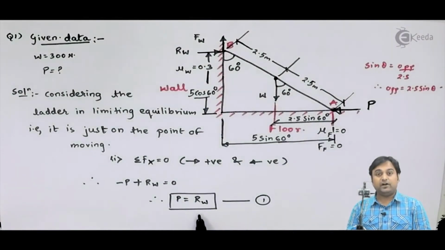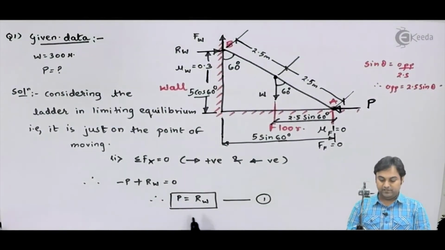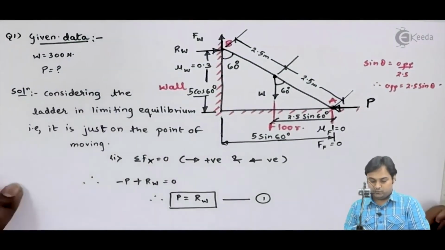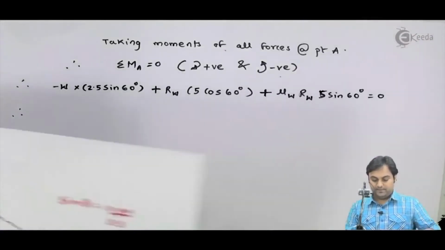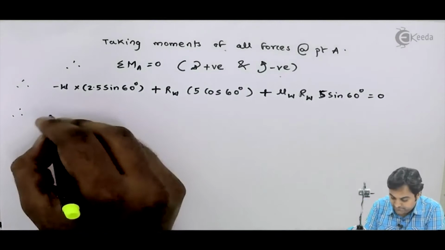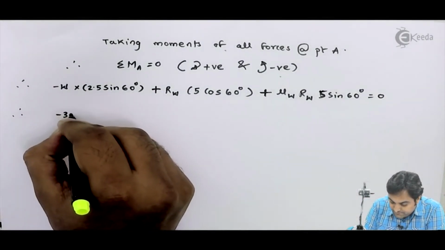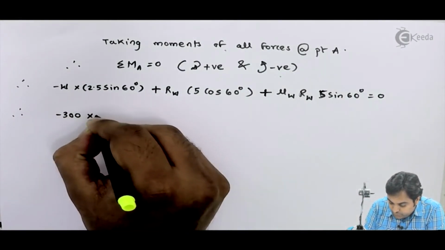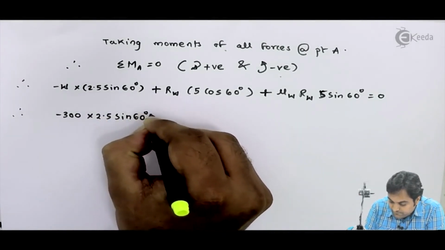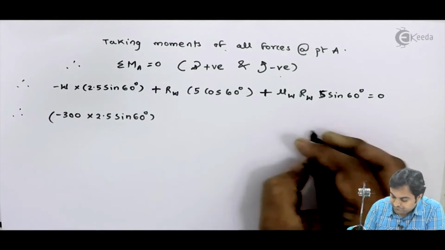If we get the value of RW, we will keep it in equation number 1 and say that P has been calculated. W is given to me in the question as 300. So minus 300 into 2.5 sine 60, this will be one term.